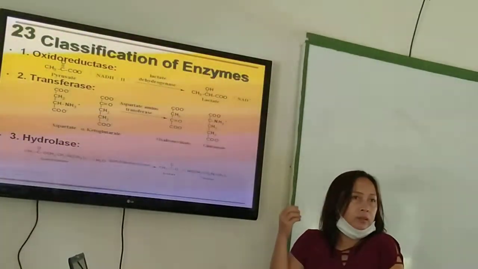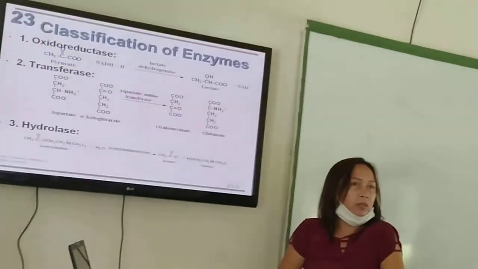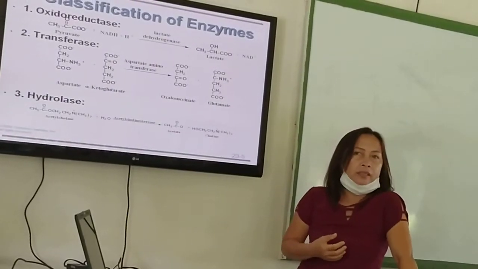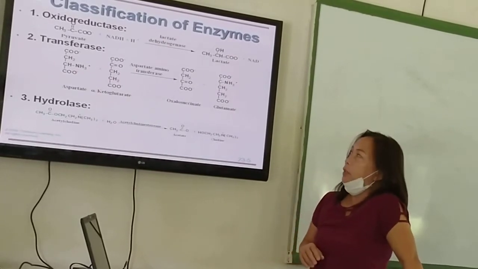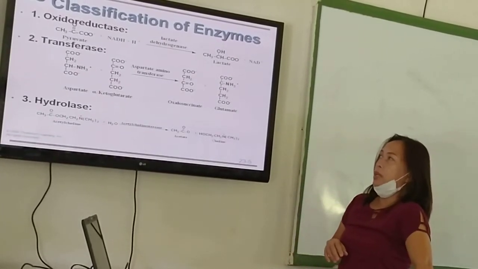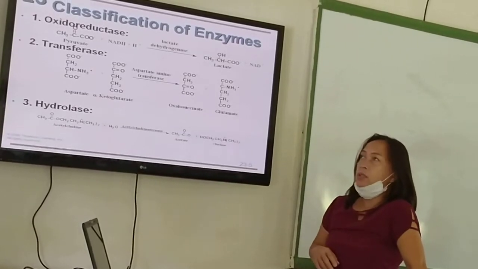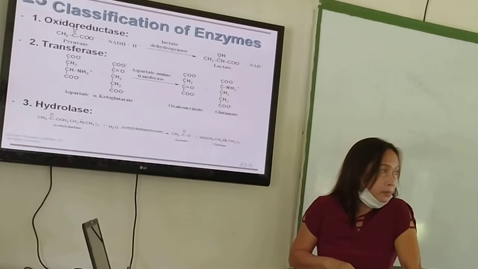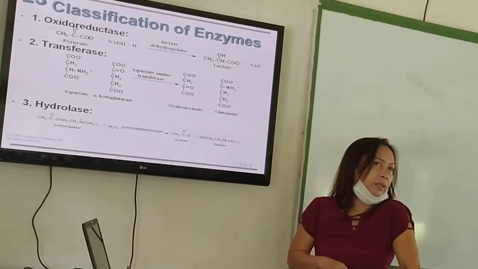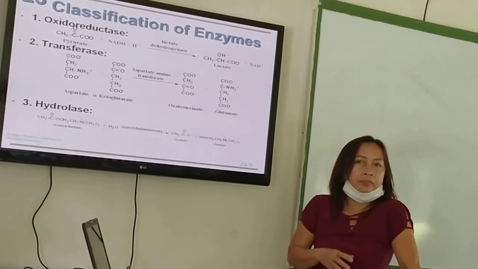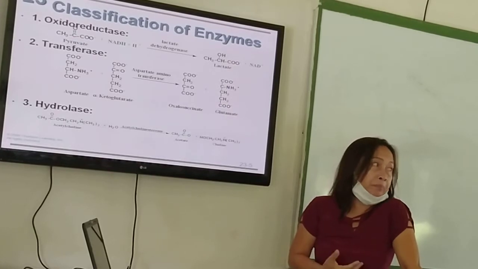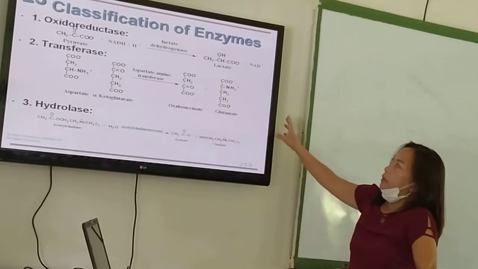Are you with me? Have you experienced muscle pain? Yes. Okay, that is due to the conversion of pyruvate to lactic acid. So, it's acted upon by lactate dehydrogenase, which is one of the oxidoreductases. When the muscle is strained and more of this lactic acid accumulates, you get muscle pain.